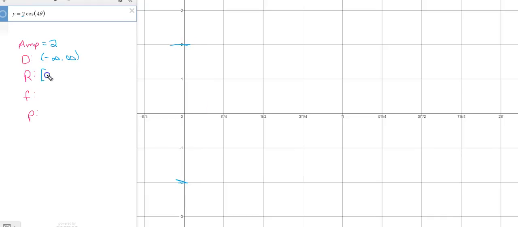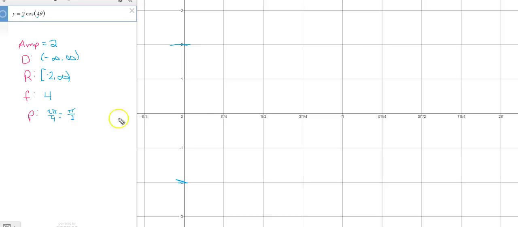So the range is -2 to 2. The frequency is the number multiplied by theta. So the frequency is 4. And my period is found by doing 2 pi over 4. So my period is pi over 2.